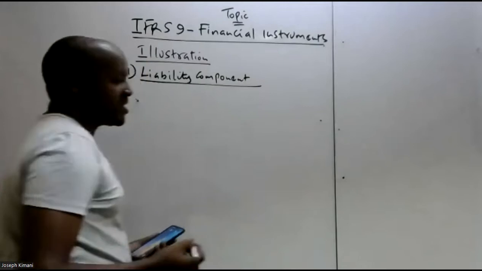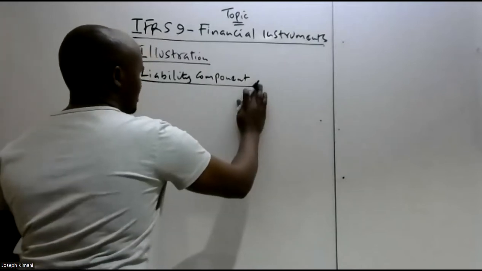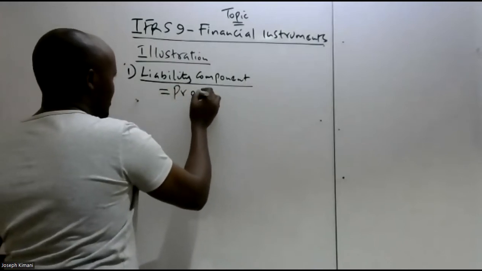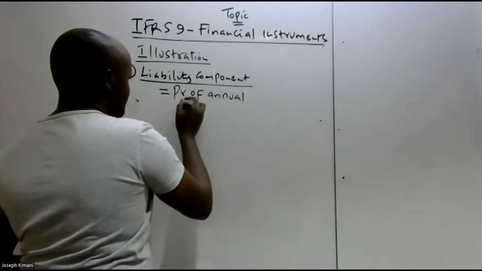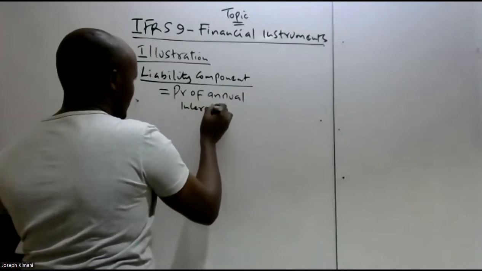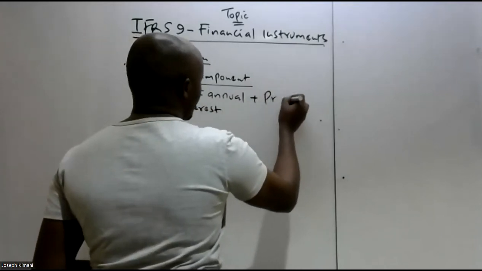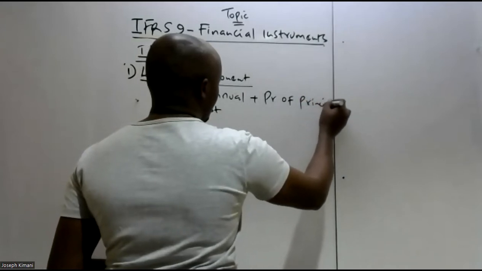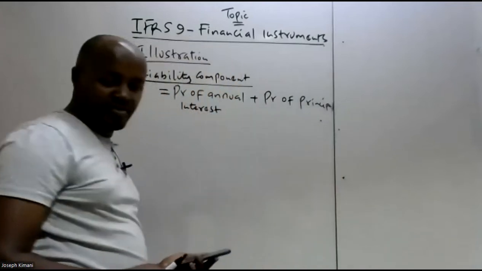How do we compute this liability component? We compute it by adding two items: one, the present value of the annual interest, plus the present value of the principal amount.